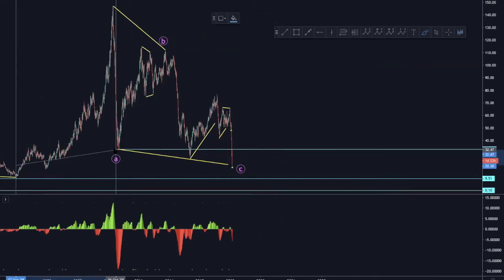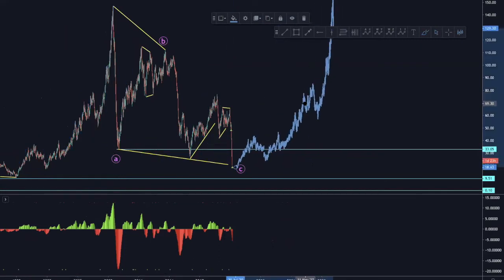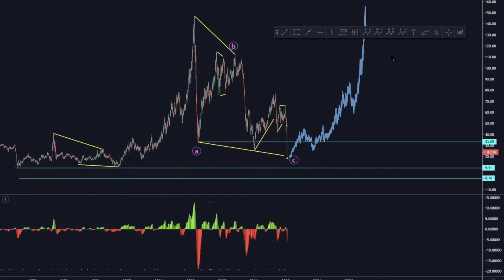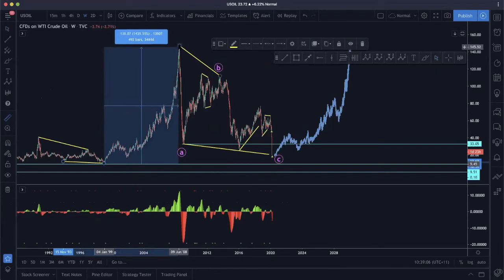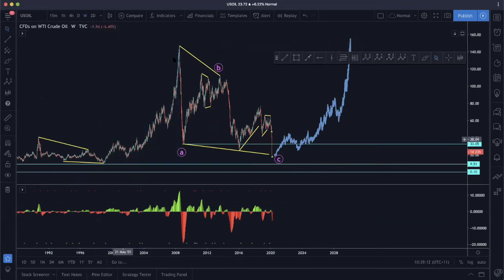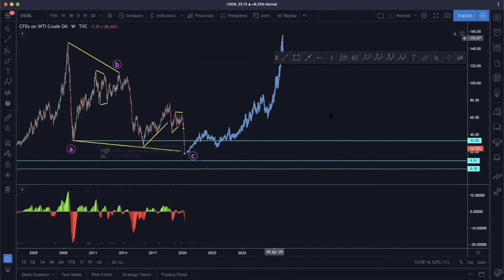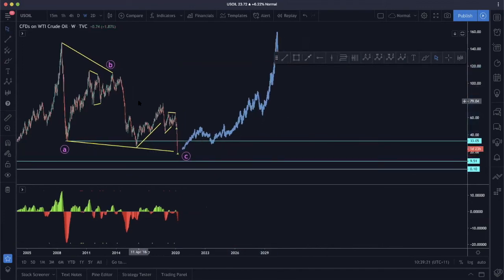If I was just to copy and paste that move and copy and paste this over here, this previous move went from 1990, and this one took 10 years from here to here. The question is, is this going to take another 10 years? It could.